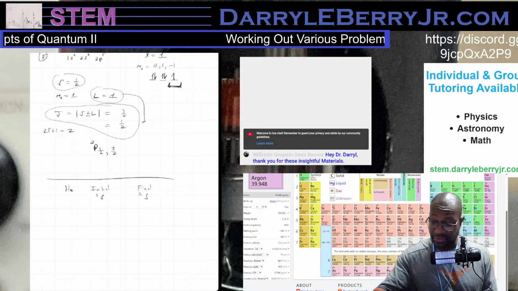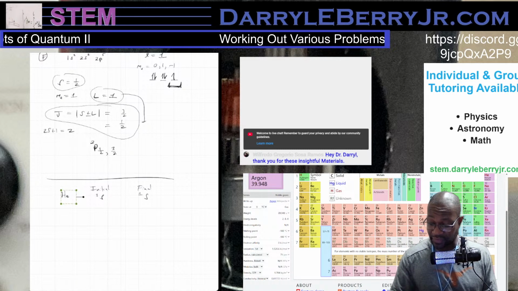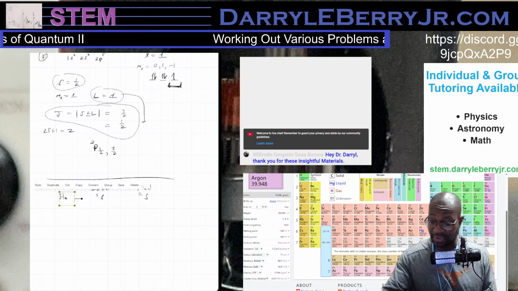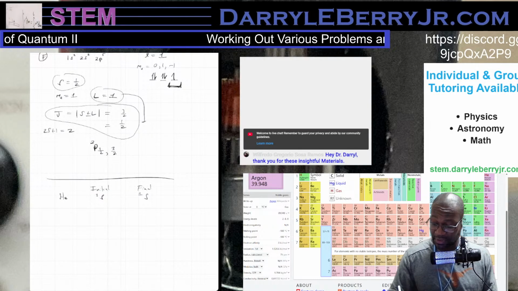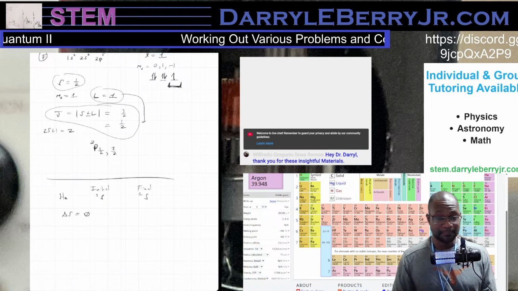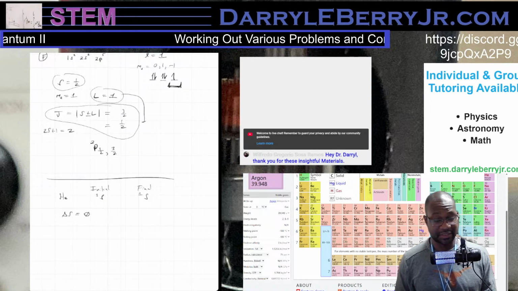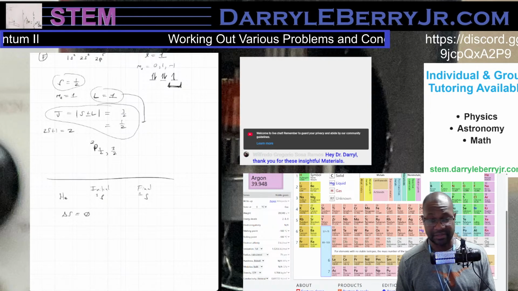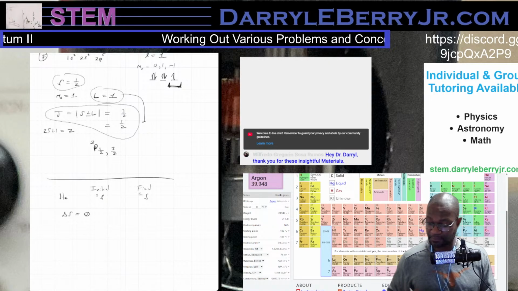The way these transitions of energy happen with the electrons in the atom, the change in S has to be 0. So it can't change spin, which makes sense because the electron just has its spin, and when those things mix up, it is what it is.